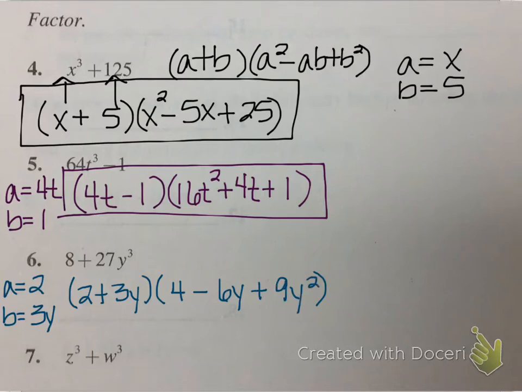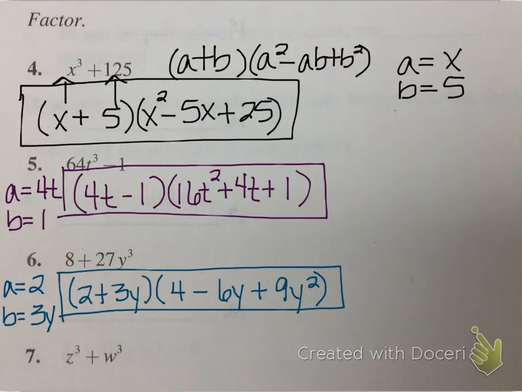So again, not too bad if you are aware of the pattern and you know how to use the pattern. You simply just plug in your a and your b into the pattern to get your factored form.